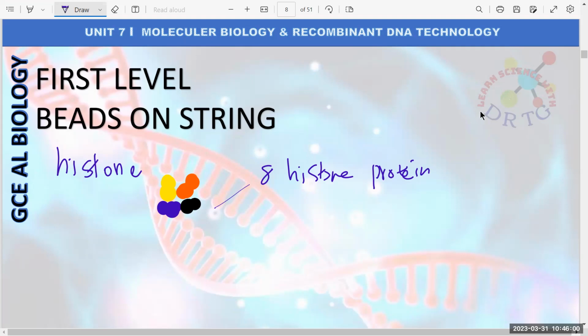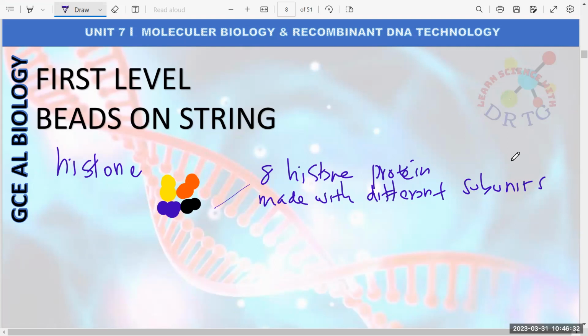Now these 8 histone proteins are made out of different subunits. I think if you recall the hemoglobin molecules, the hemoglobin molecules are made with 4 subunits, 2 alpha and 2 beta. So this protein, histone, is also a little bit similar.